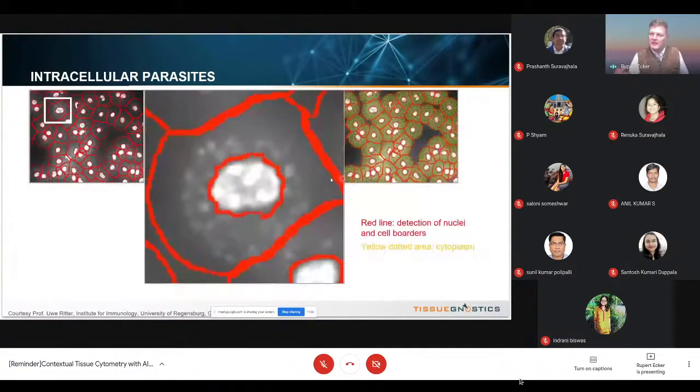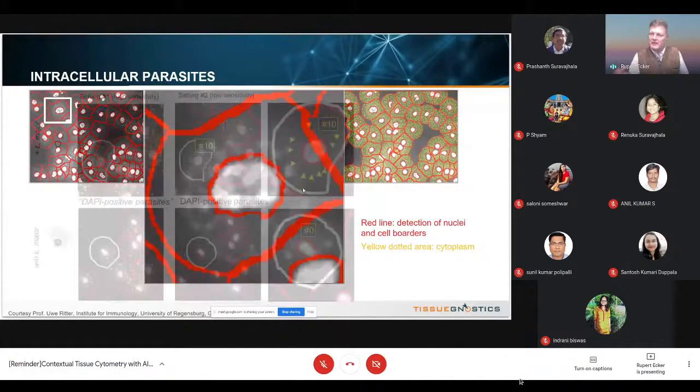Now, we first used the DAPI stain, the nuclear signal of the macrophages, to identify all the macrophages. And then, for each macrophage, we generate a so-called ring mask around the nucleus, which we see here. This is done for all the cells. And inside this ring mask, we look for the smaller dots, for the nuclei of the parasites.